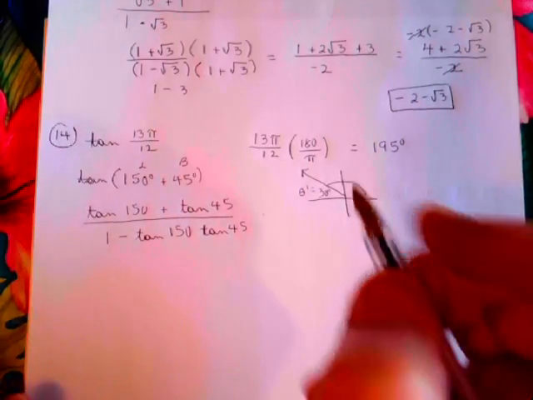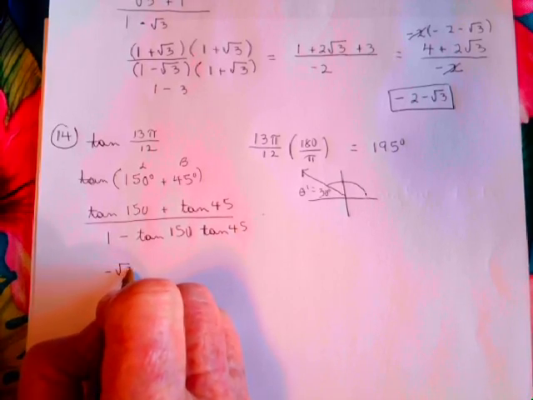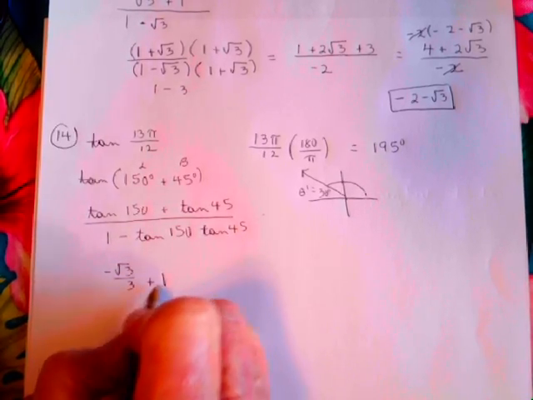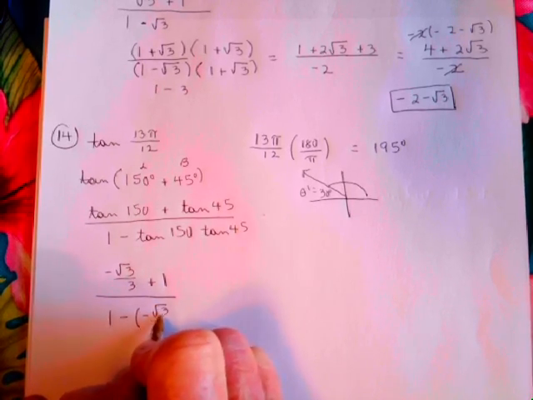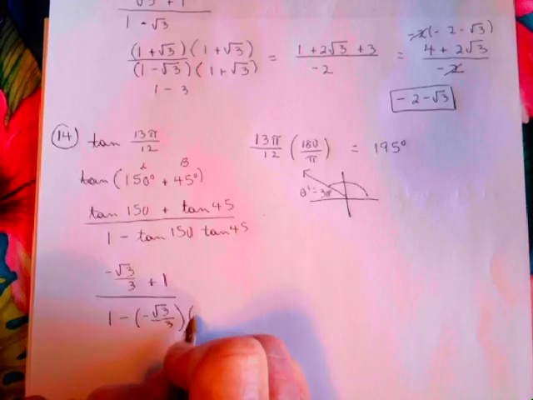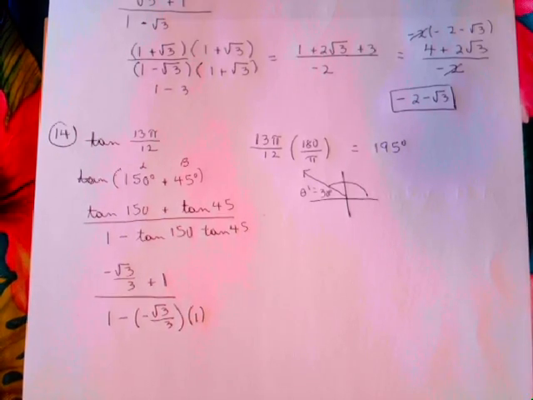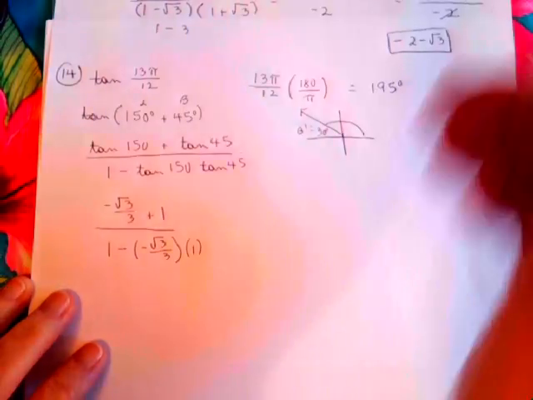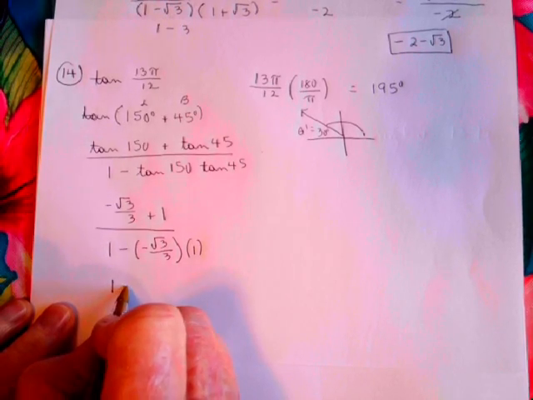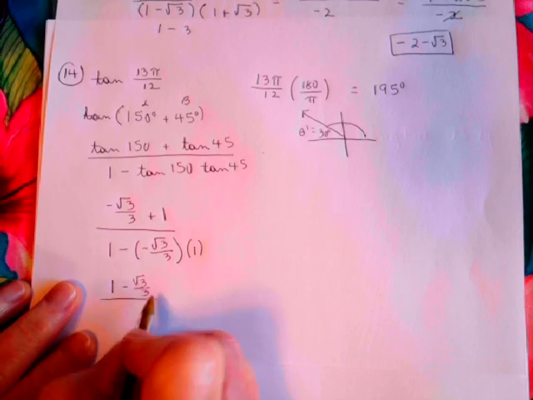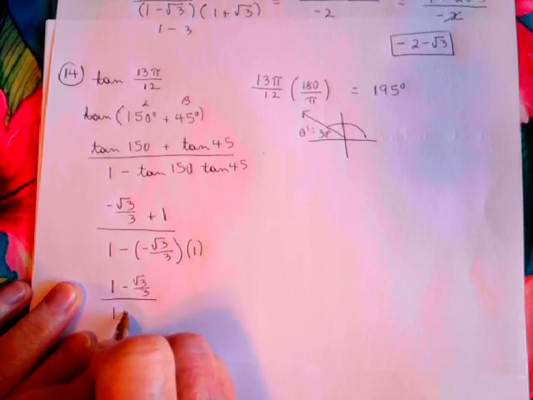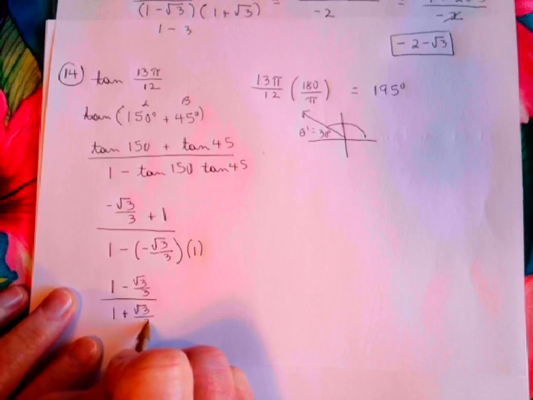So I have negative square root of 3 over 3 plus 1 over 1 minus negative square root of 3 over 3 times 1. I'm going to rewrite my numerator as 1 minus the square root of 3 over 3. My denominator is 1 plus the square root of 3 over 3.